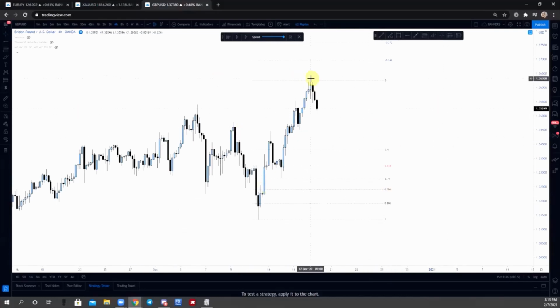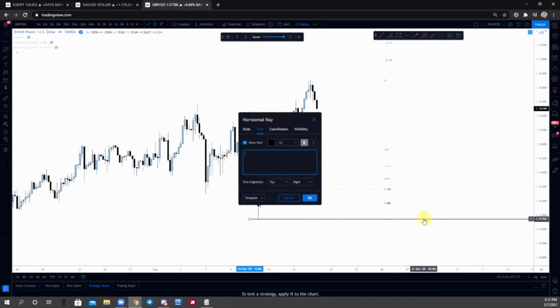It doesn't really matter that this is GU. Let's just say that this was a stock, and this stock increased in value from this move to this move $20. So let's just say this price point here was 2020.